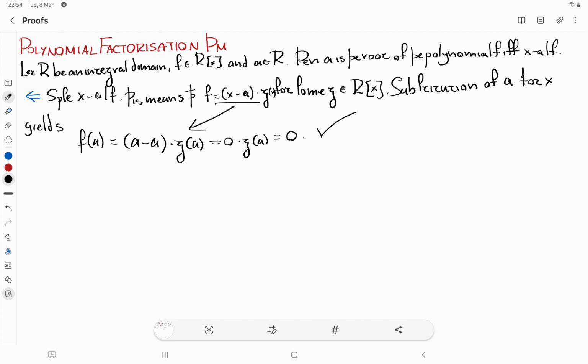Now we shall demonstrate the opposite implication. Right.